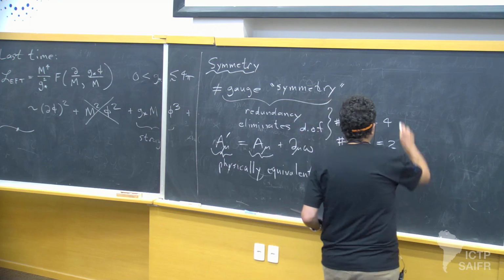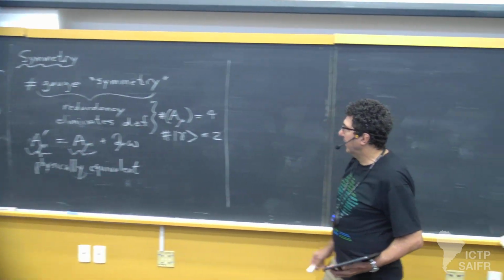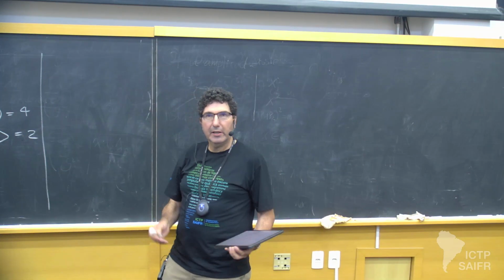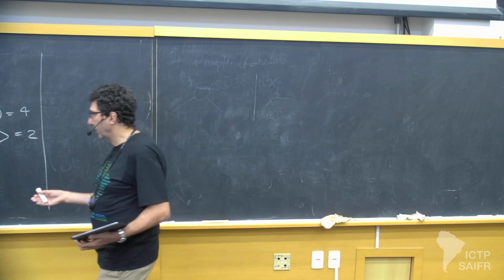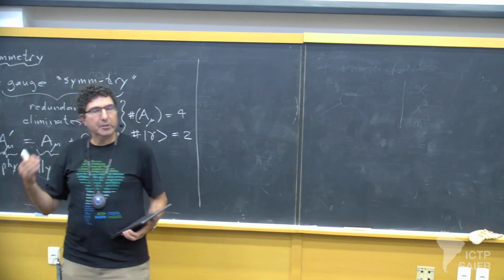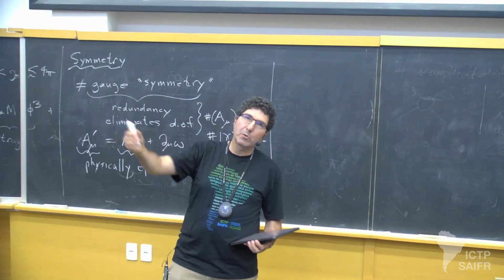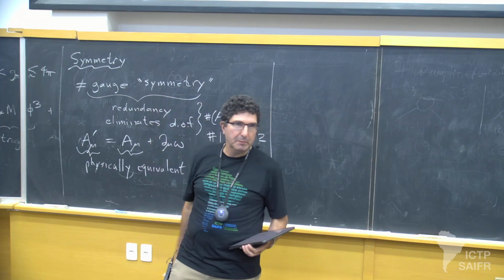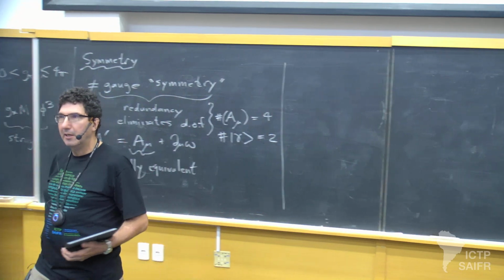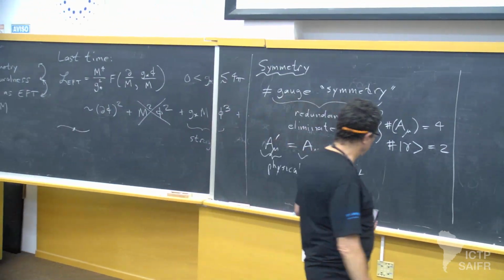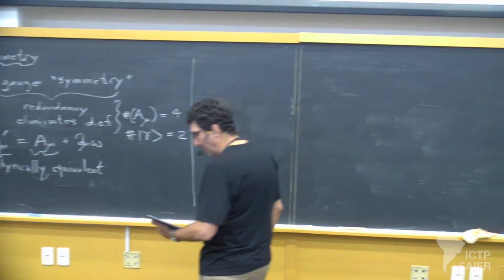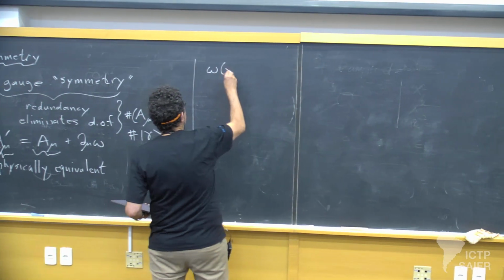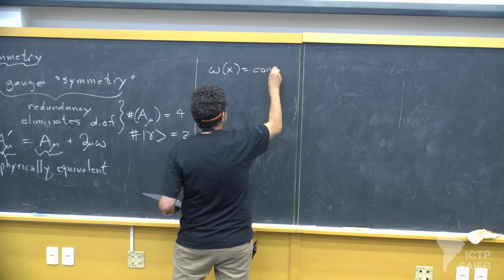Now this question has several layers of subtleties. If you want me to go all the way into all the subtleties, you're going to have to force me by asking me the right questions. Otherwise, I'm just going to tell you the simplest version of the story. So what happens if omega of x is a constant?